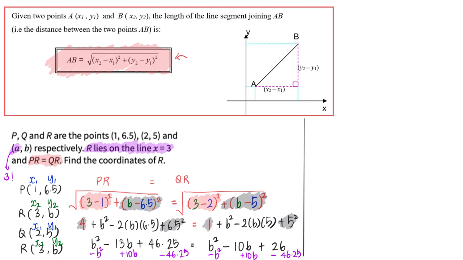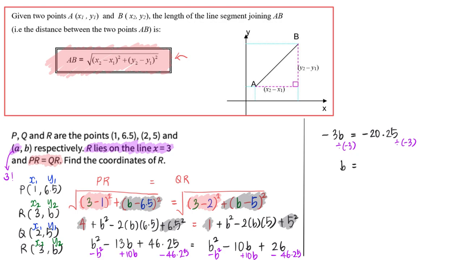And the next line you would then see is negative 3b is equal to negative 20.25. So I would then divide by negative 3 on both sides to get my final answer for b.